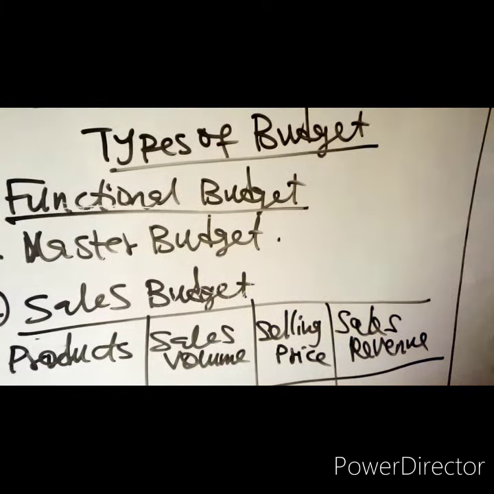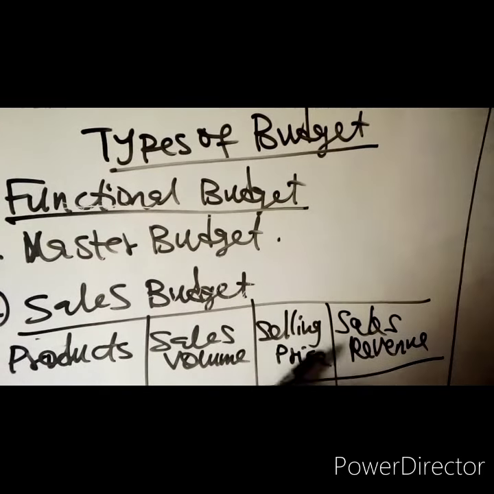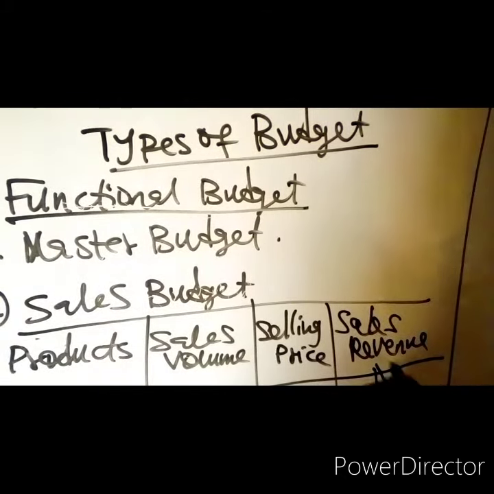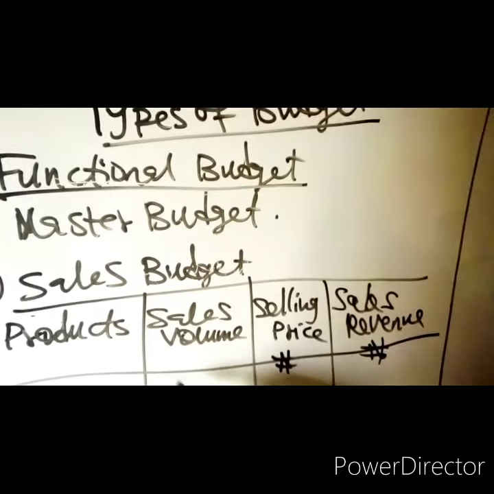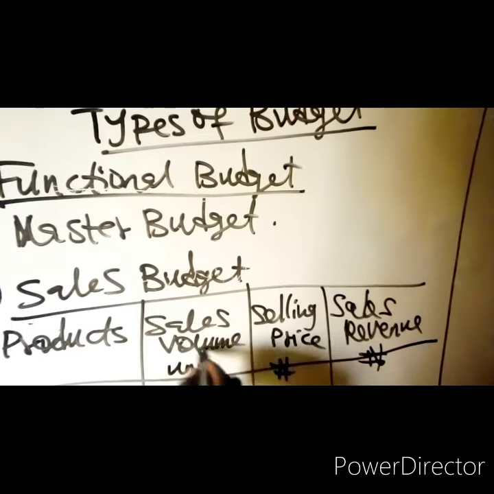Revenue is the product of sales volume and the budgeted selling price. That will give you the revenue. The price is in naira, and the volume could be in quantity or in units.